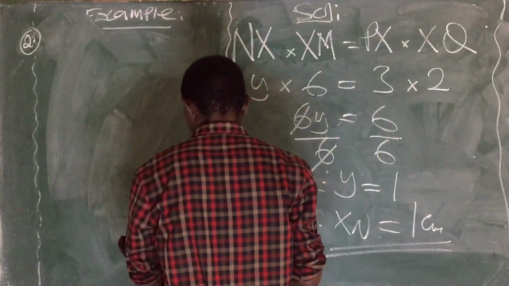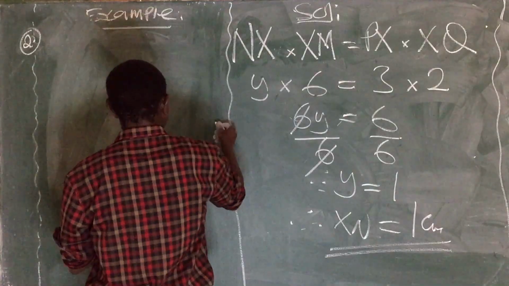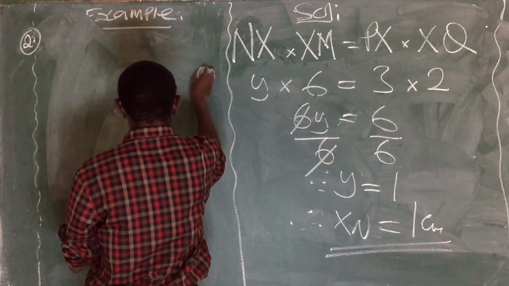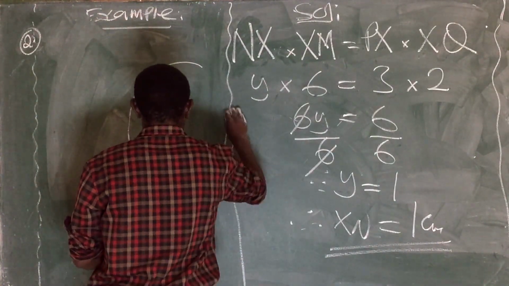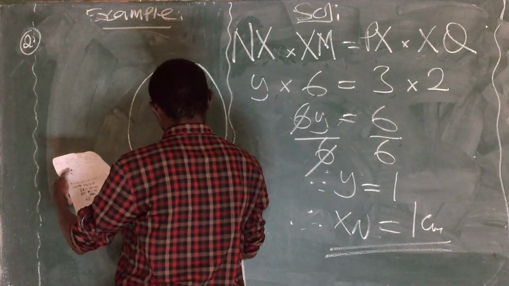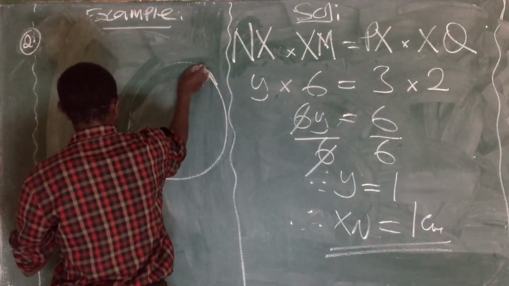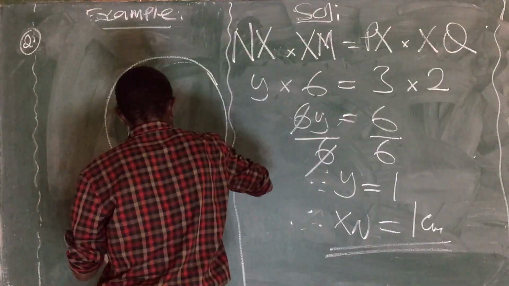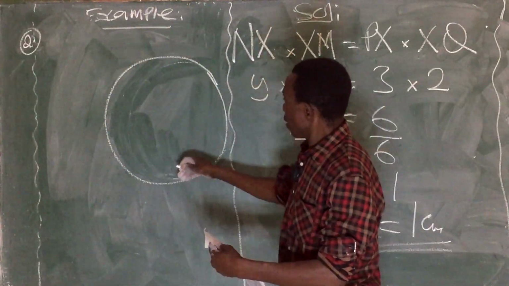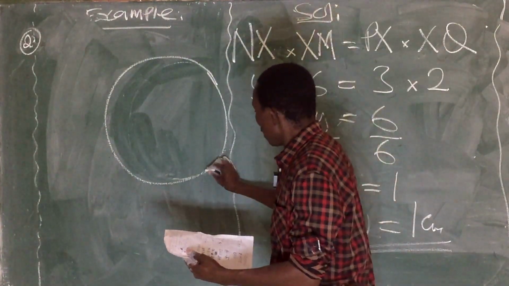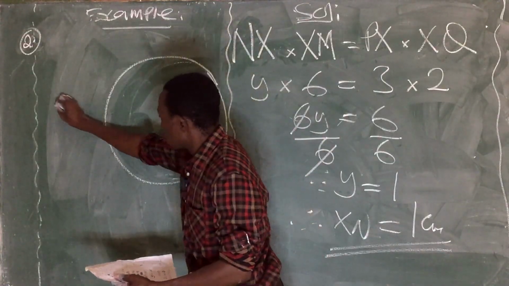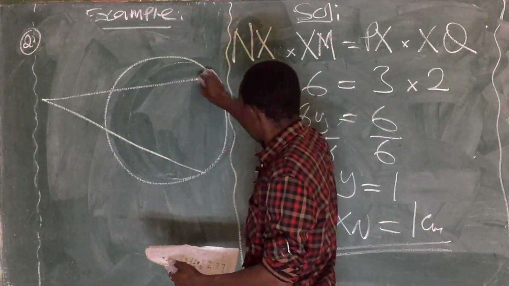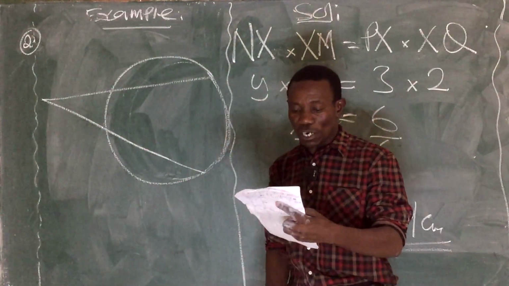In the second example, we are given a circle like this one here. Let me extend somewhere here up to that, so that it is large enough for you to see. We are told that the chord goes to that one, another one starts from there, and it comes inside like this.